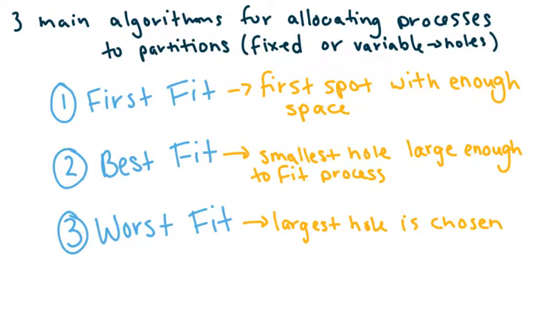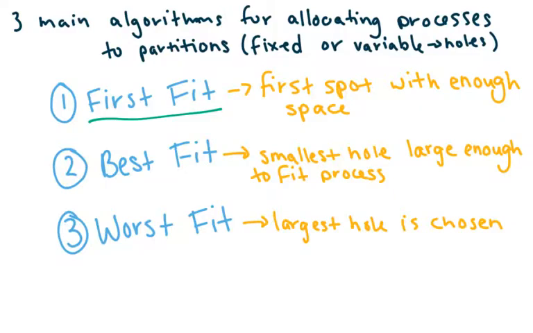Okay, so the 3 main algorithms for allocating these processes to partitions. You have processes in the ready queue, and you want to start allocating their memory needs into your RAM. There's 3 main types. There's first fit: the first spot in our partitioning scheme with enough space is where we're going to put our process. Then we have best fit, which is the smallest hole that's large enough to fit our process.